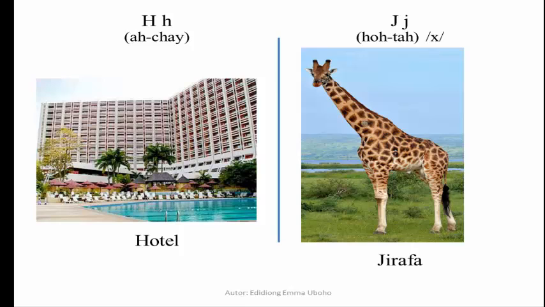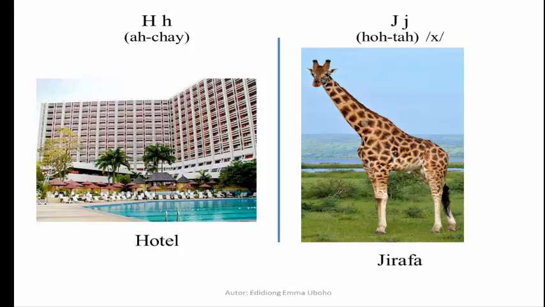The Spanish H is called H and is usually silent. Wherever you find the Spanish H, it is not pronounced, it is silent, just like in the word hotel. The correct pronunciation in Spanish is hotel.